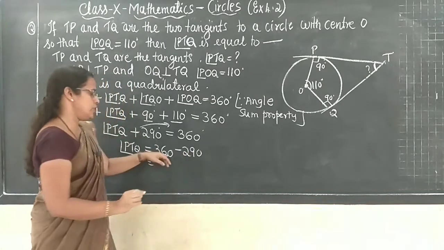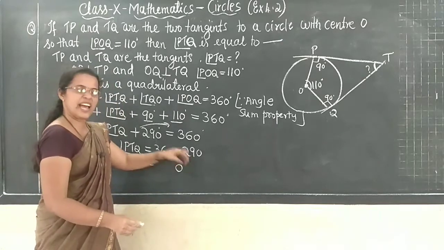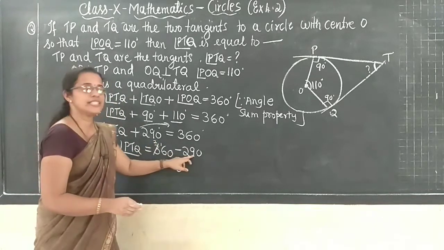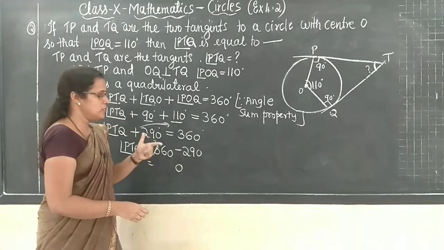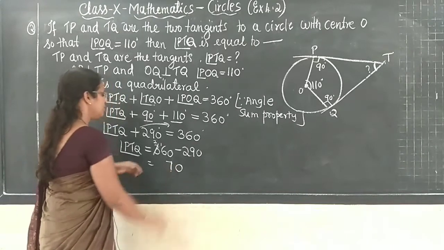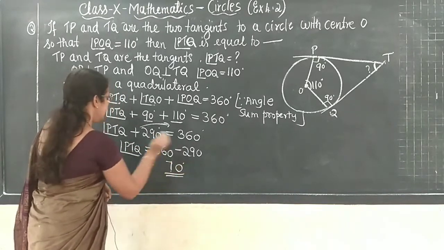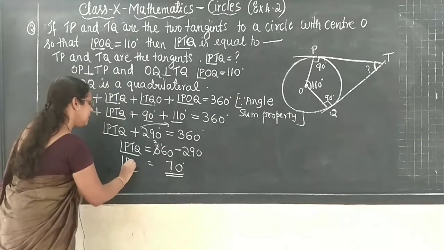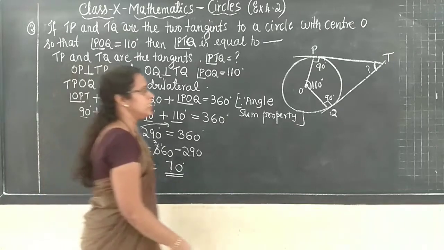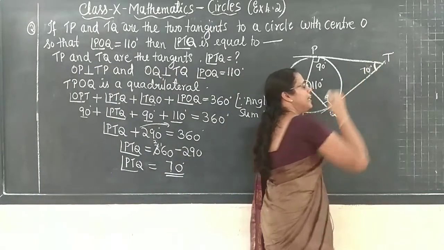Subtract it: 0 minus 0, 0. 6 minus 9, I don't know, so borrow from there. 16 minus 9, 7. 2 minus 2 is 0. So what is the answer here? Angle PTQ is equal to 70 degree. So this angle is 70 degree.